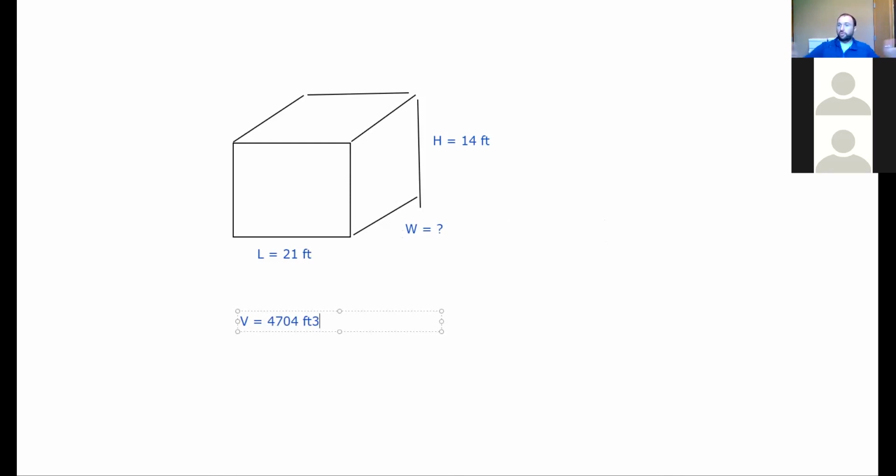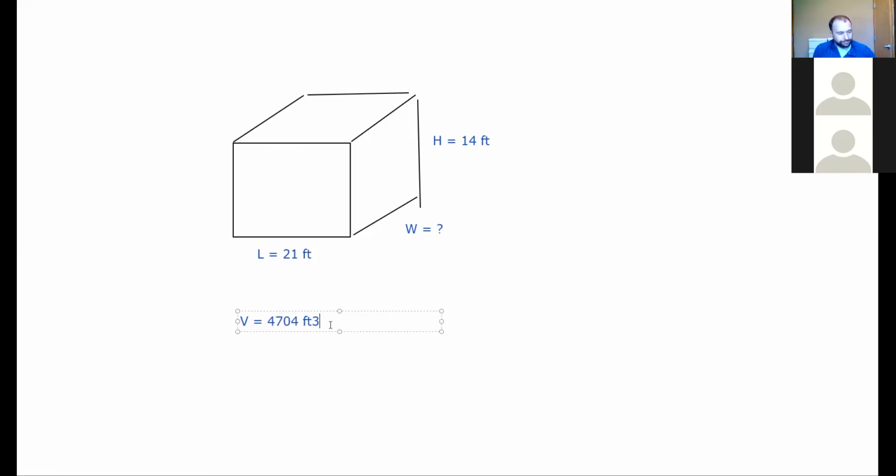In other words, it's 21 feet long, 14 feet high. What is the width? If I tell you that the volume is 4,704 cubic feet.